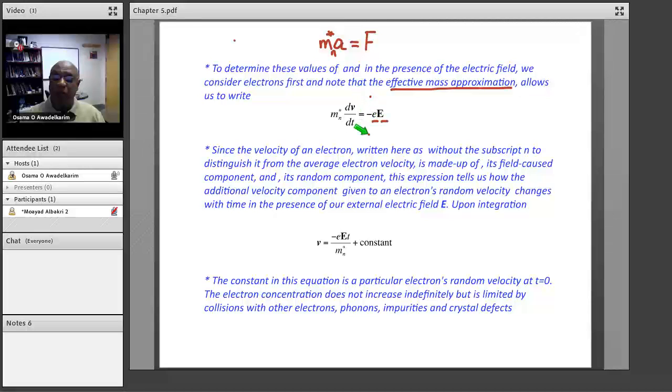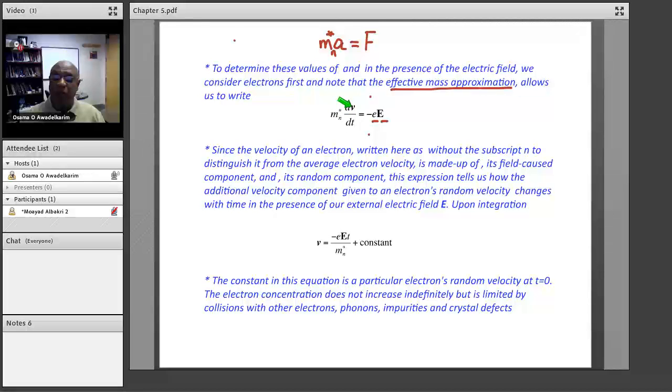If you have any electric field, then we know that the force acting on the charge, q, is equal to the charge times the electric field. And we are applying an electric field here. This dv by dt is actually the acceleration, and this v is the velocity.